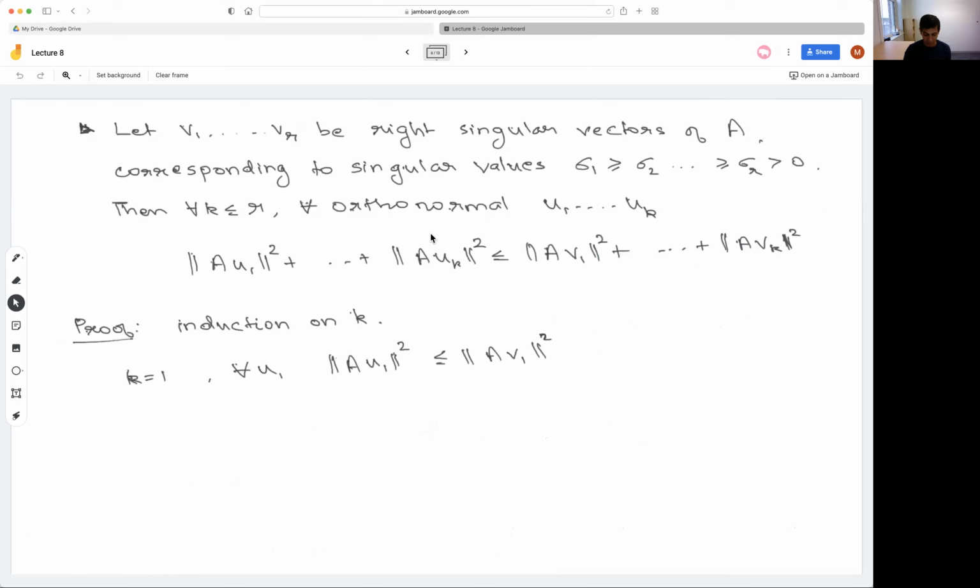Another way of saying that is that for any candidate solution, the quantity we are trying to optimize is at most whatever it is for the solution which is given by the right singular vectors. Okay. So let's first check what are we talking about here in terms of the objective, or what is it that we will actually get as an output.